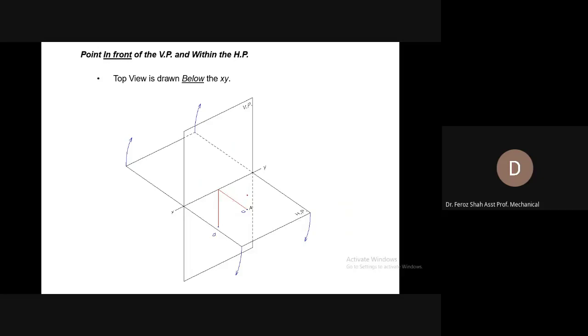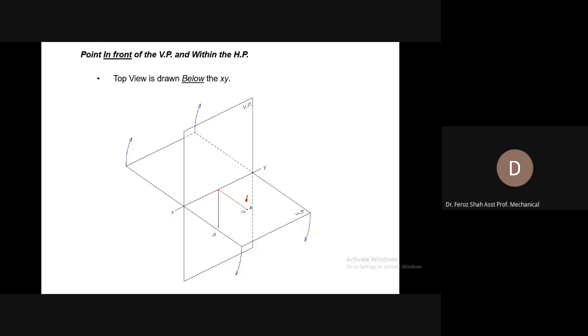So when you look at it from above or from the bottom, its top view will always be created on the horizontal plane, and in this case, at this position. So when you get the top view, you will have to rotate the horizontal plane about 90 degrees. So this top view will be shifted to this position below the XY reference line.